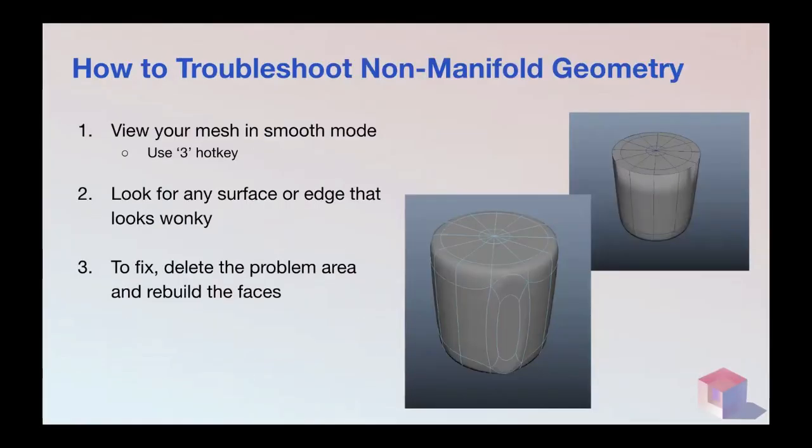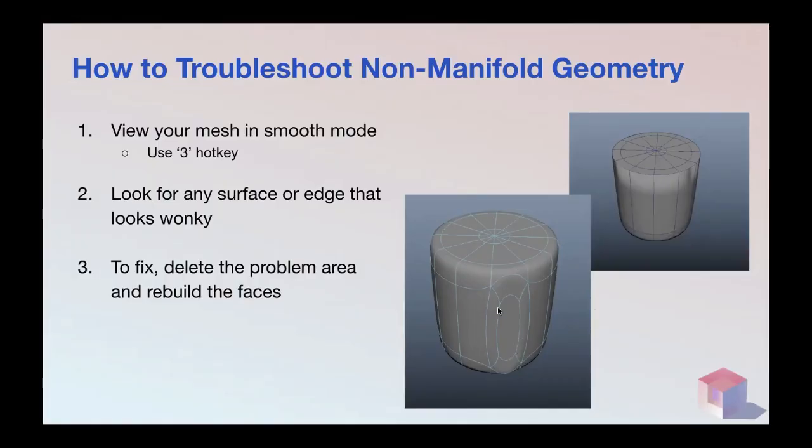And how do you double check whether your model is a manifold geometry? First, a very quick way is to press 3, which will turn your sharp models into smooth ones.